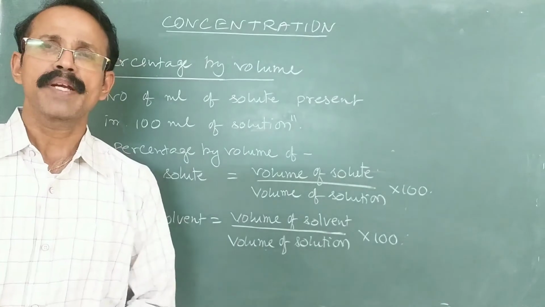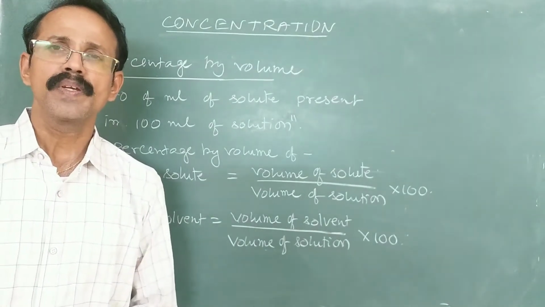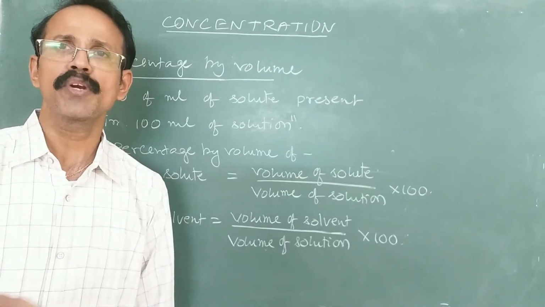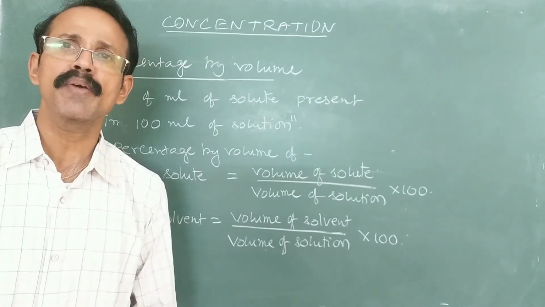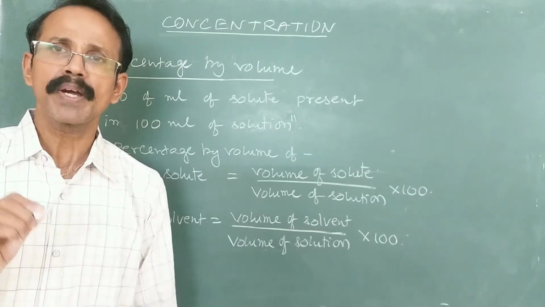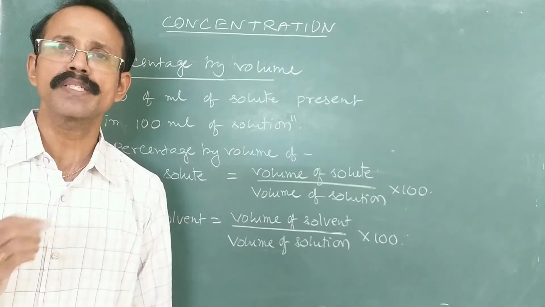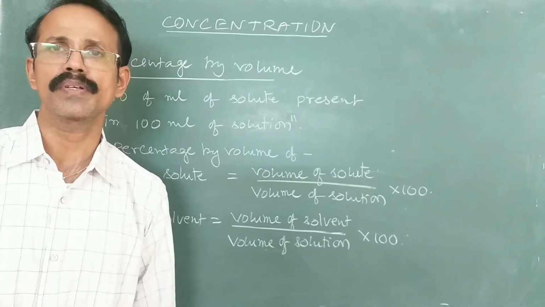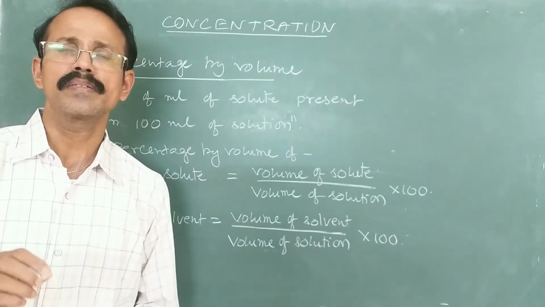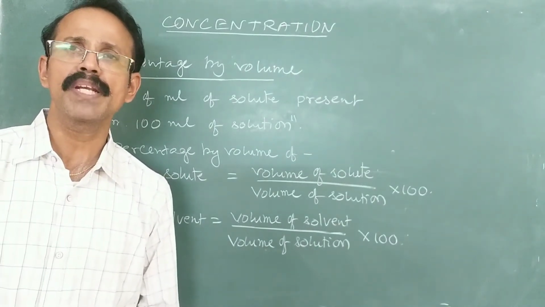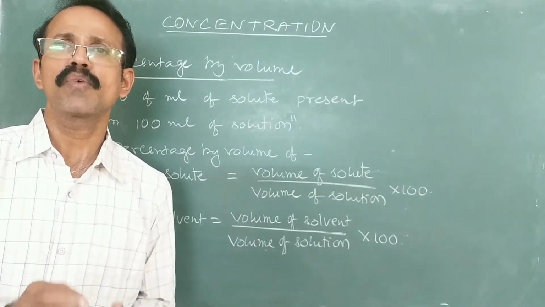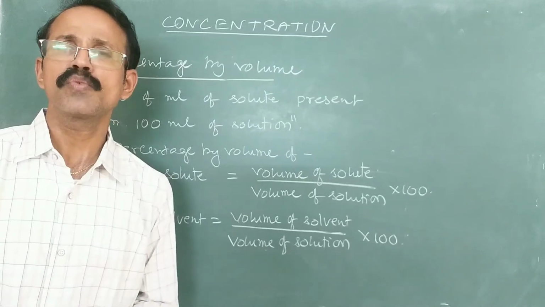Now what is meant by percentage by volume? It is the number of parts by volume of a component present in 100 parts by volume of solution. Suppose 100 milliliters of solute are dissolved in 150 milliliters of solvent, then the total volume becomes 250 milliliters.